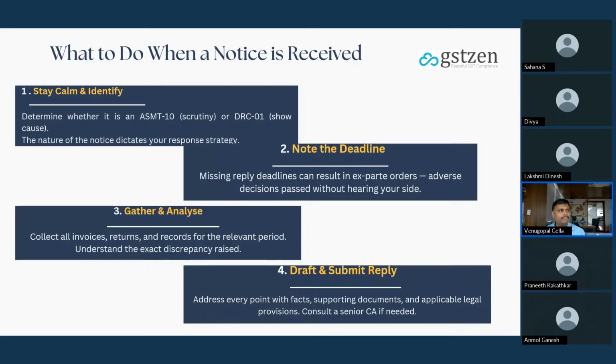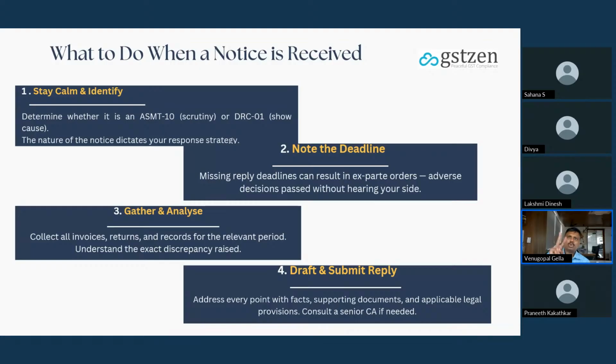There are two things that you need to identify in a notice. Notice should be replied on technical matters and on merits. What are the technical matters? Look at the officer who has sent you the notice. Does he have the jurisdiction? Earlier I said there are timelines. Notice should be issued 3 months before the order, and the order should be issued within 3 years or 5 years.